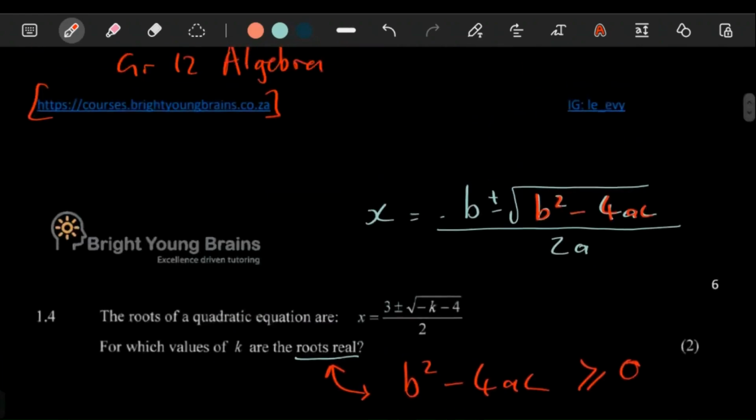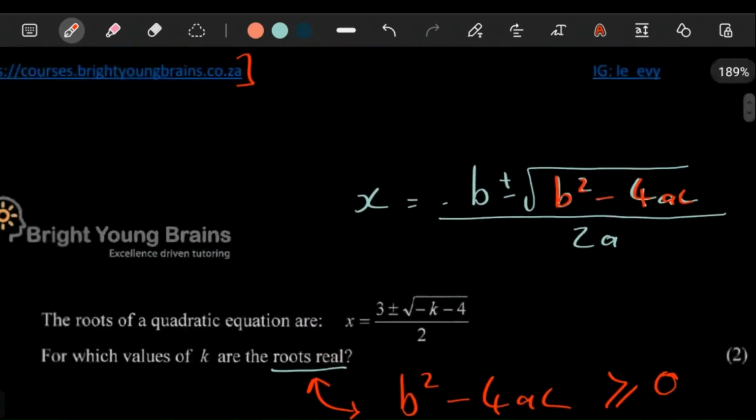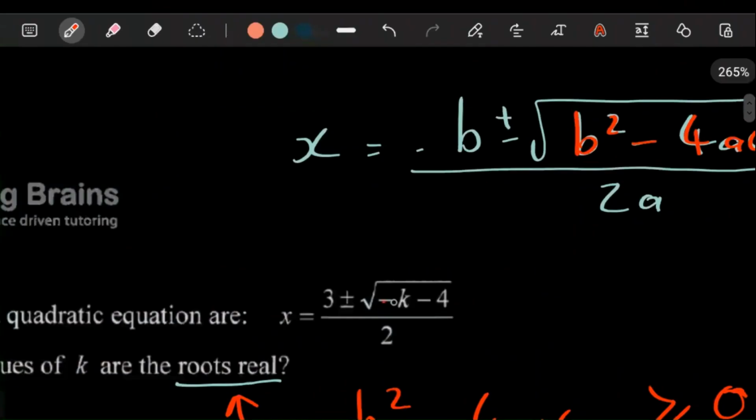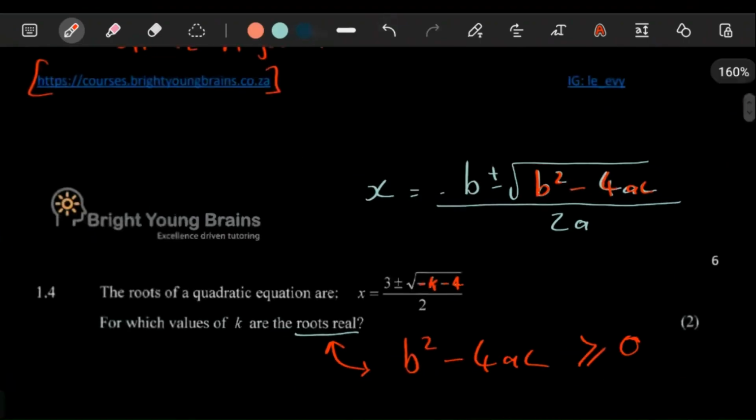The one thing you want to recognize is that in this expression, this part here is what represents the b squared minus 4ac.